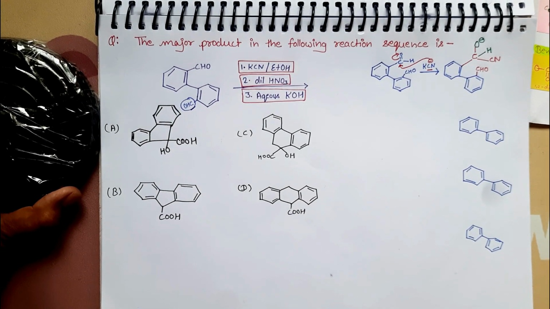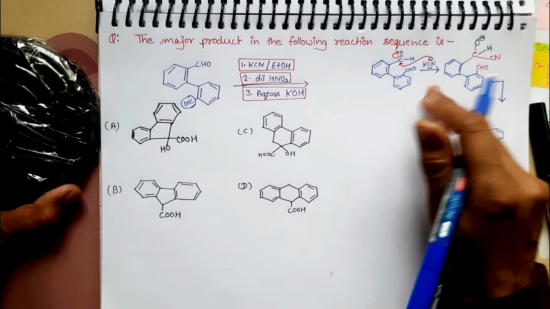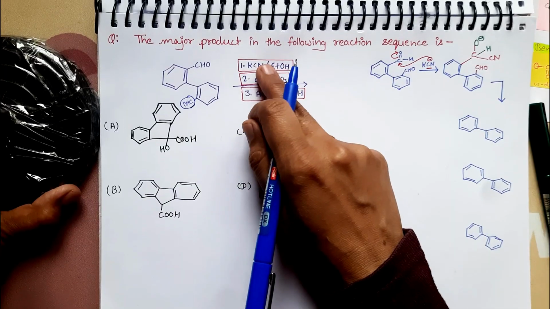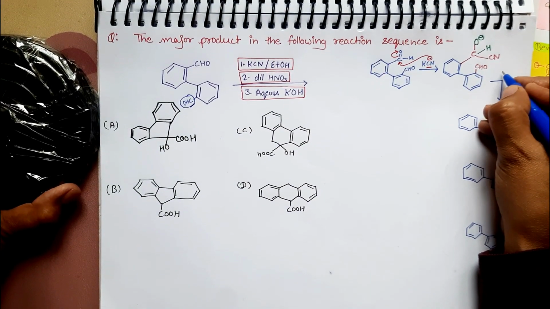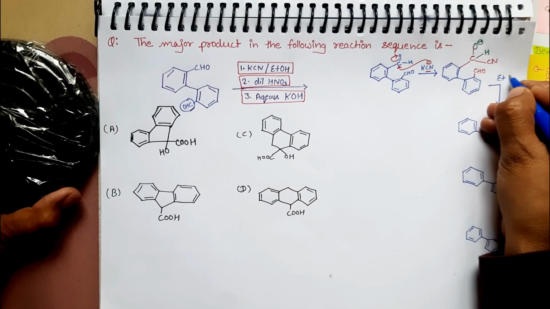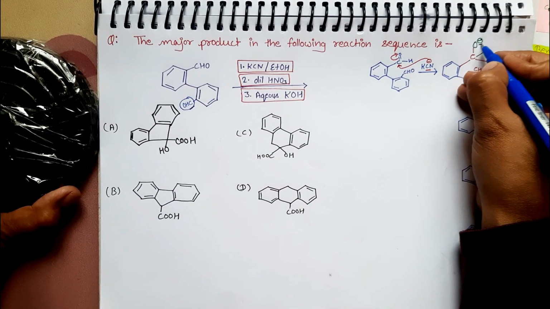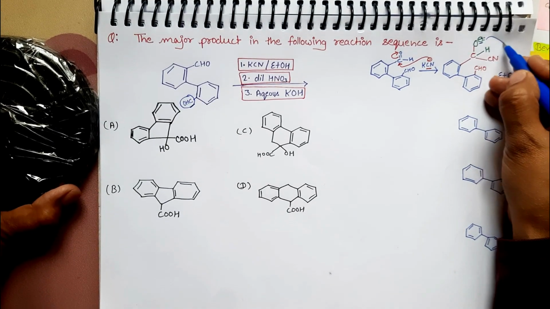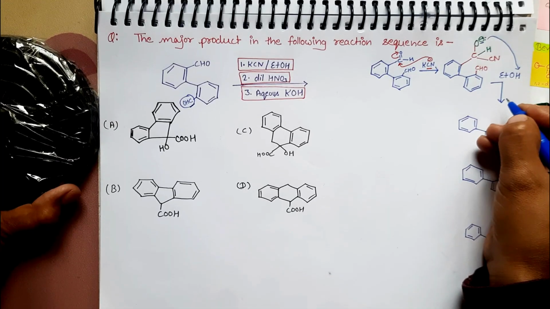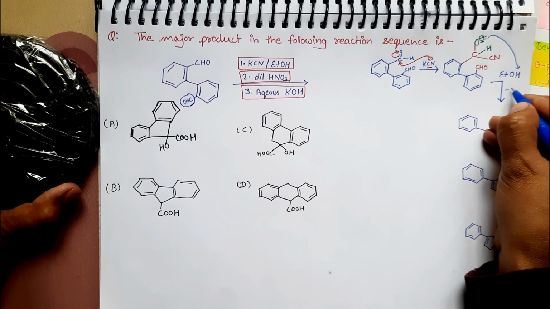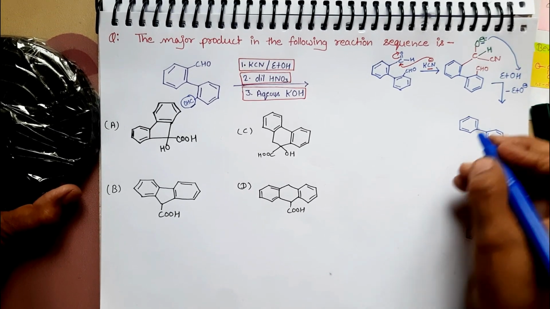So what happens in the next step? We have ethanol also in this step. What does ethanol do here? These electrons attract this hydrogen and bond with it, and in this step ethoxide ion will be removed.